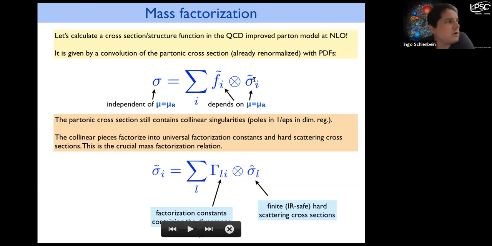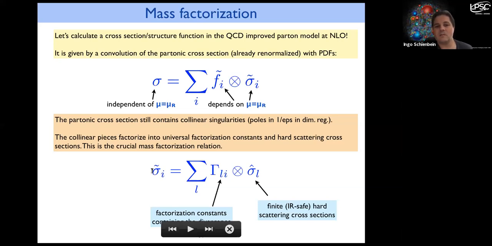And then, as for renormalization, where you have some multiplicative renormalization, you have some multiplicative factorization, just that the multiplication is a convolution integral. So there are two equations now. The hadron level cross section is a convolution of the, say, naive parton distributions with the partonic cross sections, which are still not infrared safe.